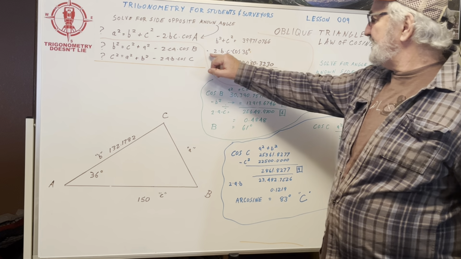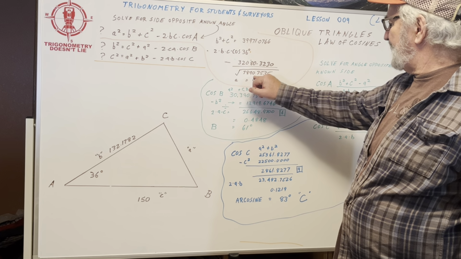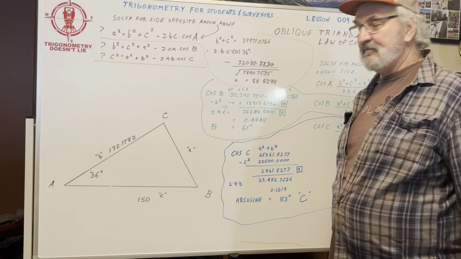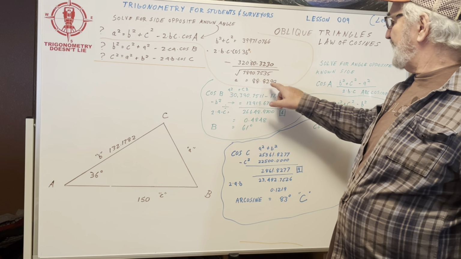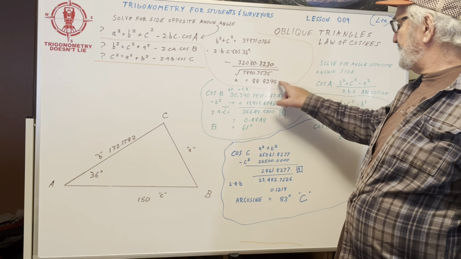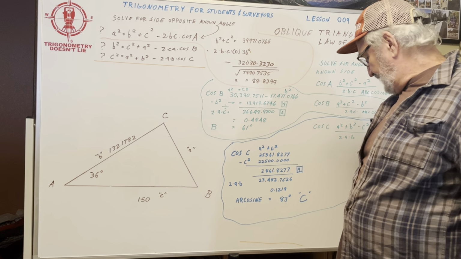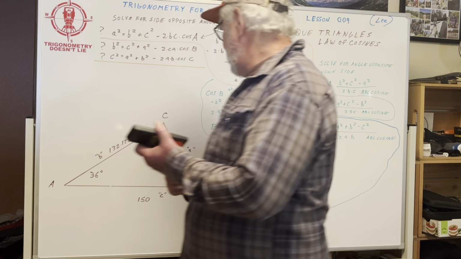Now you subtract that from this, and the number you get is 7890.7535. Now you want the square root of that number, and that square root is 88.8299. That's side A, so we're going to fill that in now, and that's how we've done side A.